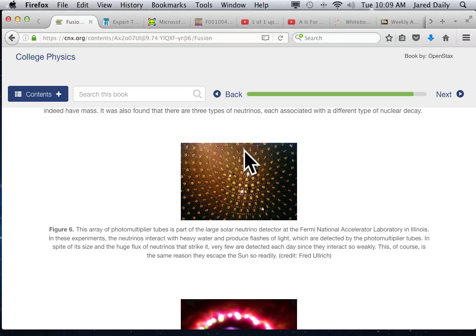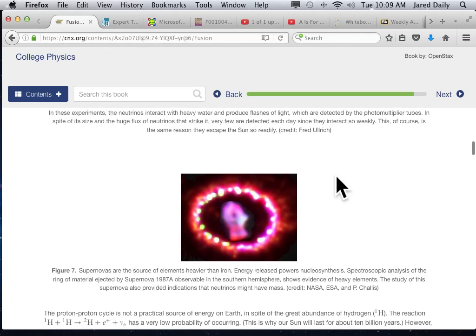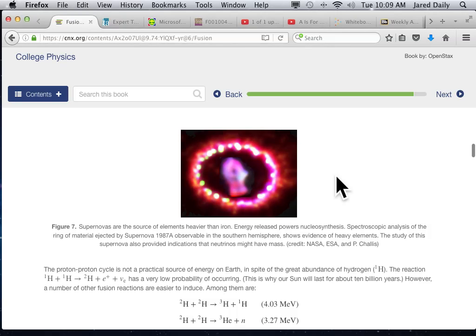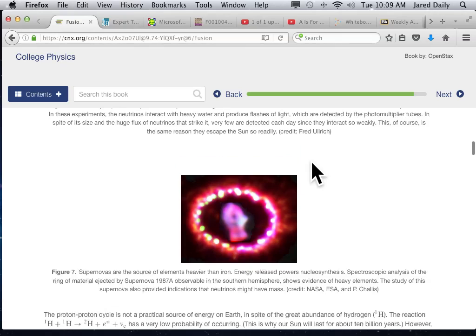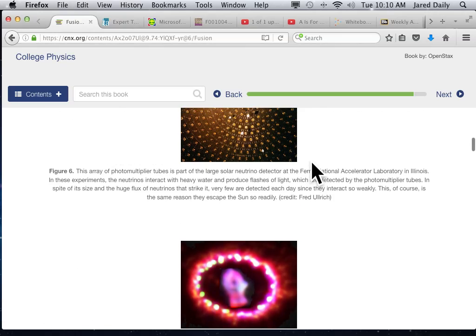Because they're so hard to detect, we can't see them out there floating around in the universe. But it's possible that dark matter is composed at least partly of neutrinos.